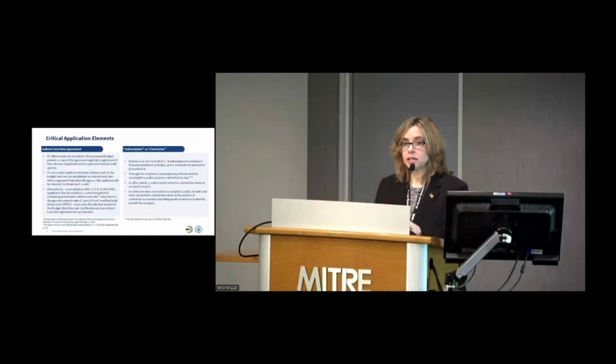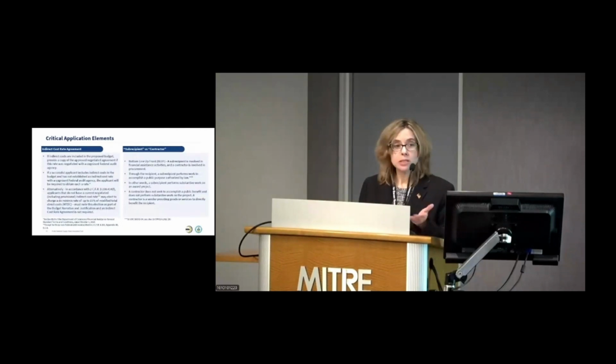Okay, this is a fun topic. If you have a negotiated indirect cost rate, and that may come from HHS, submit that with your application, and you can use that in your budget calculations. However, if you haven't done business with the government before and have an indirect cost rate, we have something called the de minimis rate.